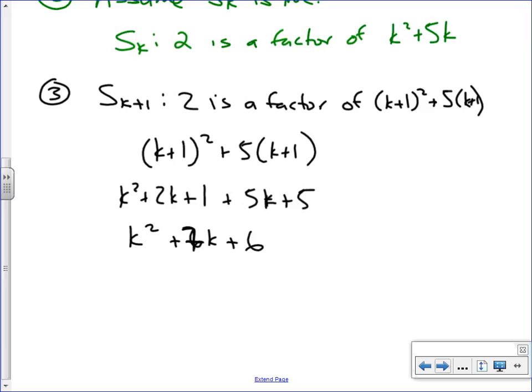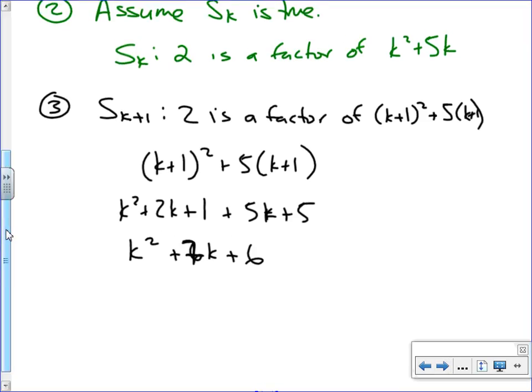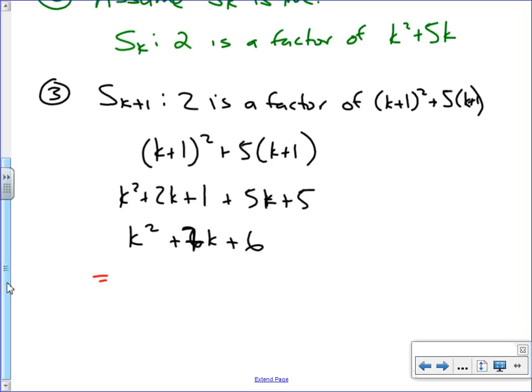Go back to this. Can you factor that out of this? Well, not factor, but pull it out of it. Would you agree that this thing is the same as k squared plus 5k plus, if I took 5k out, 2k plus 6 left over?